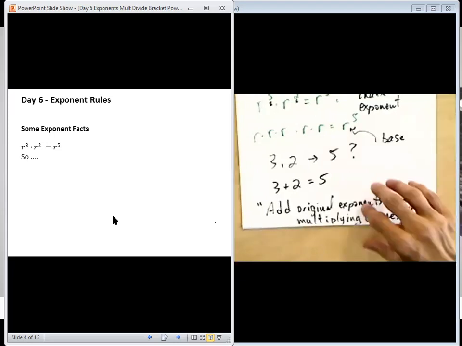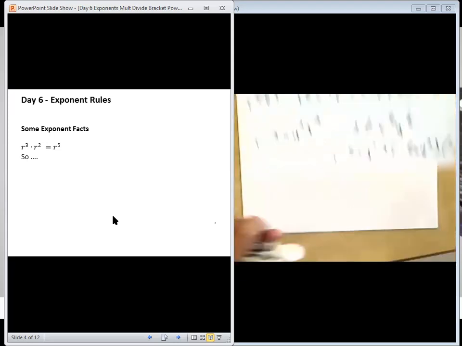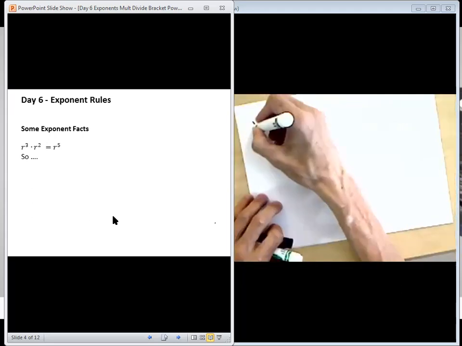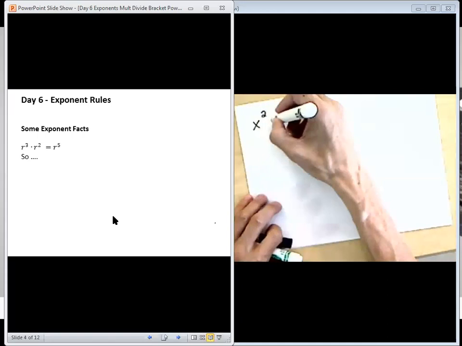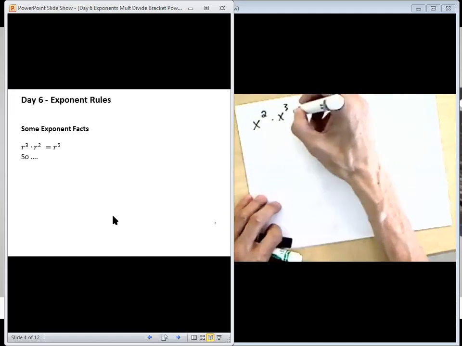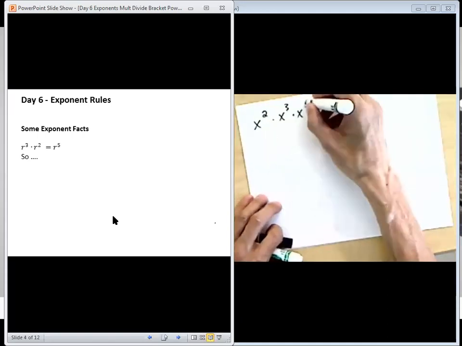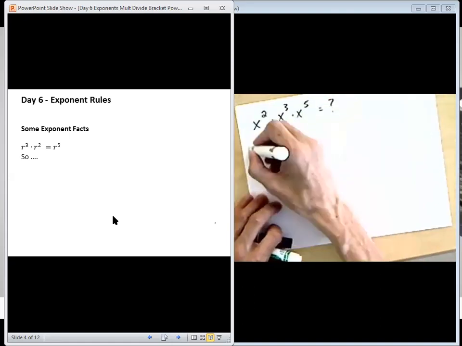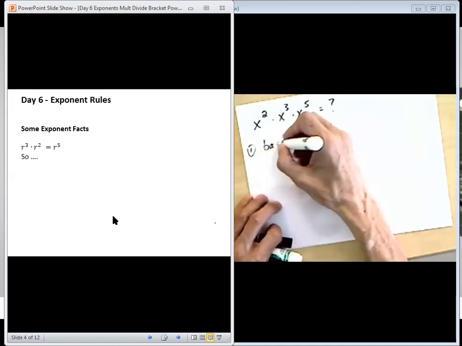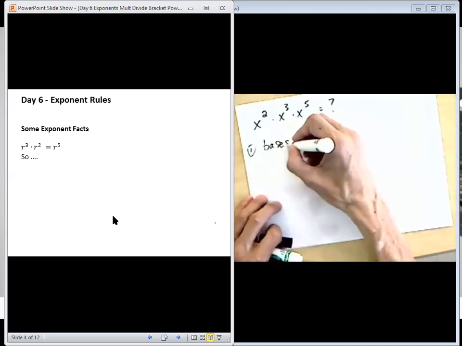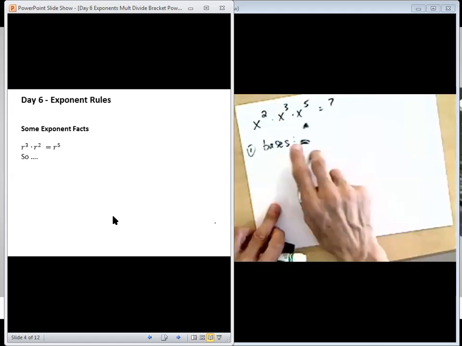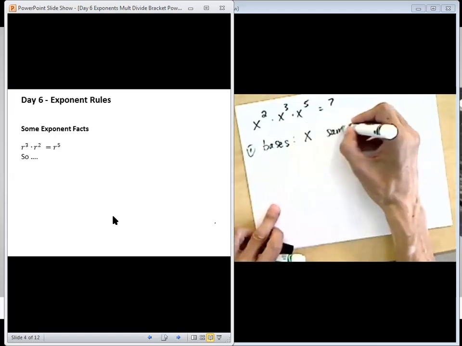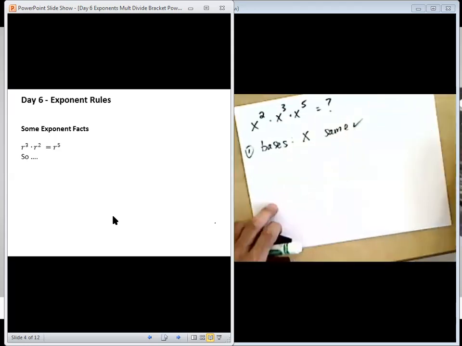So let's check it out. Let's do one for fun and then go back to the screen. Something like this: X to the 2, X to the 3, X to the 5. So first of all, the bases, what are they all? X for sure. And it's the same, just to show that we checked it.